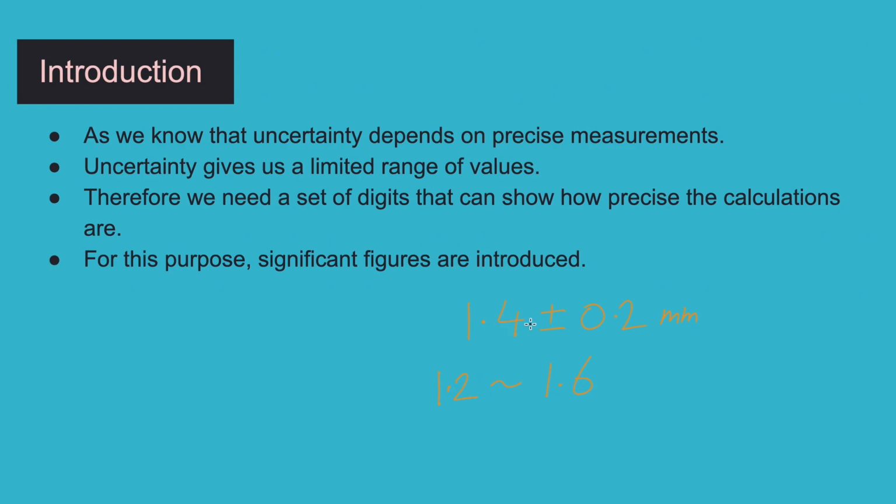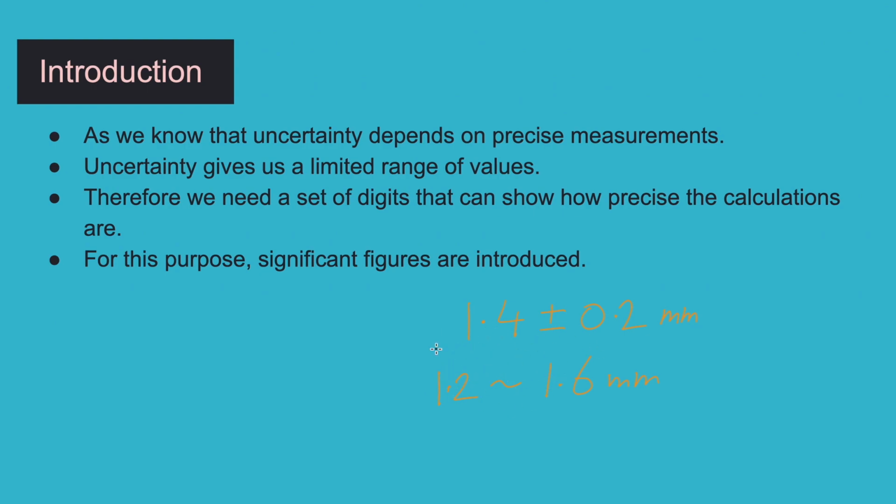So basically 1.4 minus 0.2 will be 1.2 and 1.4 plus 0.2 millimeter will be 1.6 millimeter. So basically saying that even if another person were to calculate that specific experiment or measurements, its value will lie between 1.2 and 1.6 millimeter. So that was the uncertainty, because uncertainty gives us a limited range of values.